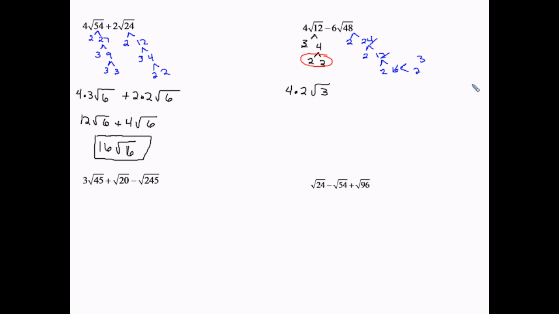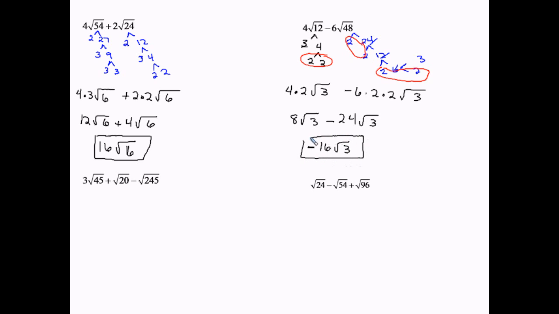I curved sideways so I don't run into myself. I have 2 pairs of 2's and a leftover 3. So 2 2's and a leftover 3. So I have 8 times the square root of 3 minus 6 times 2 is 12 times 2 is 24. And 8 minus 24 is negative 16 times the square root of 3. Okay. And you'll do that for however many terms you have.